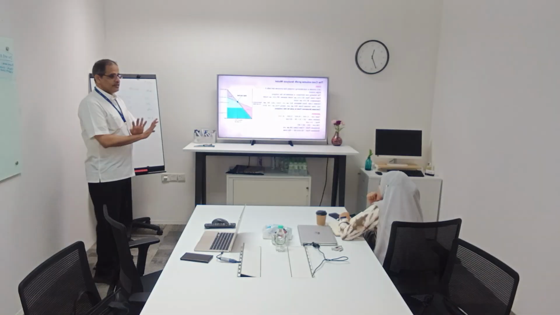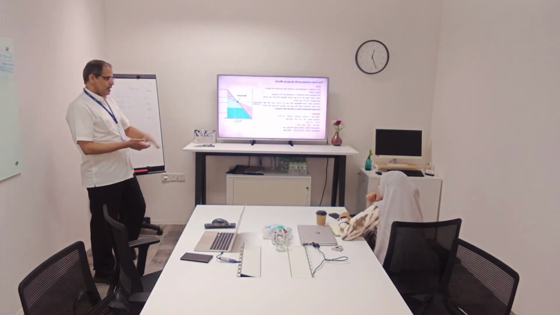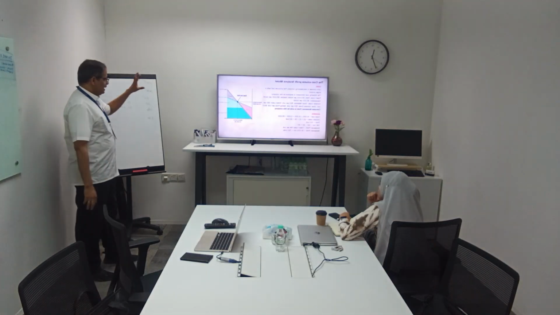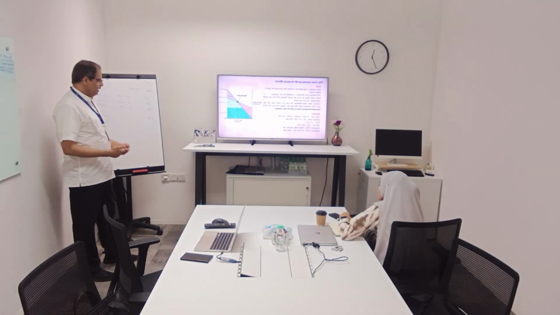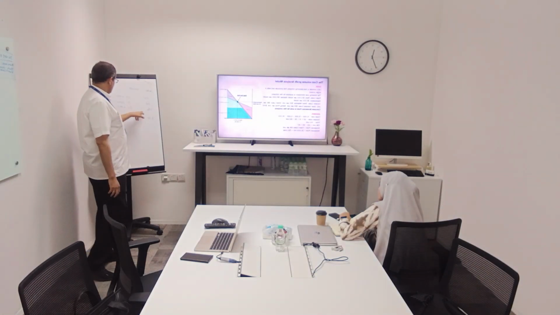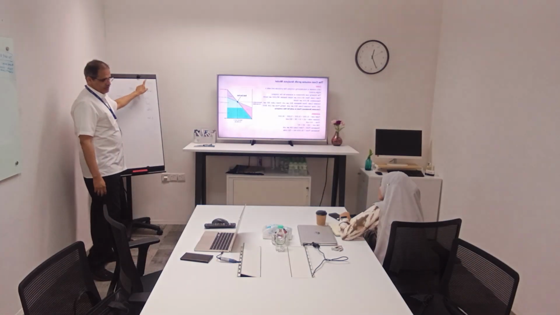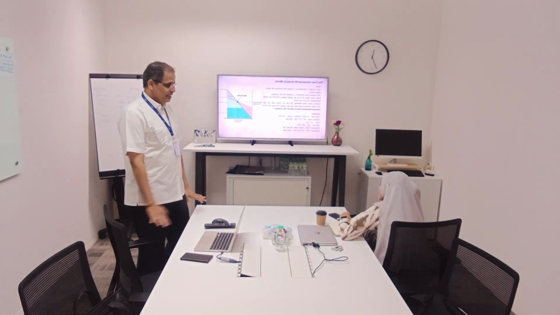Now we are talking about worst case scenario and good case scenario. For the minimum allocation of my resources, I have to make sure these units are sold. This is our worst case scenario.